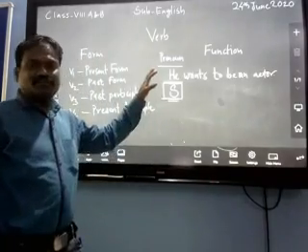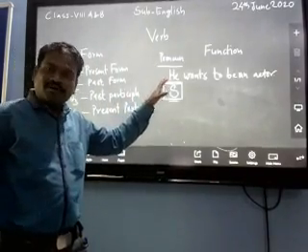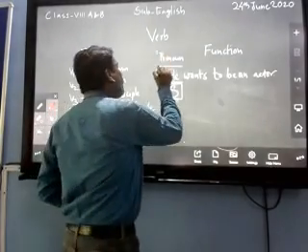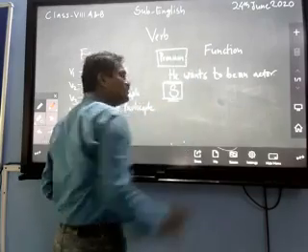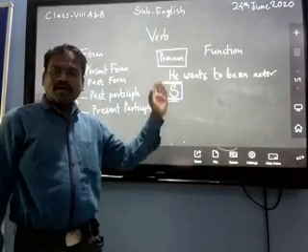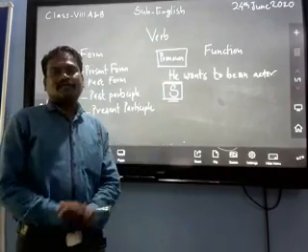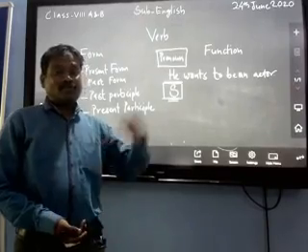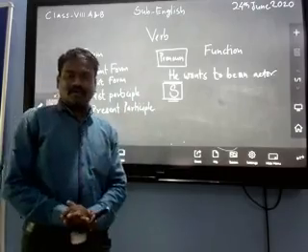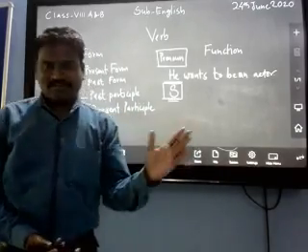The function of the word he is subject, and the form of the word he is pronoun. So pronoun is form, and subject is function. I hope you understand what is form and what is function.